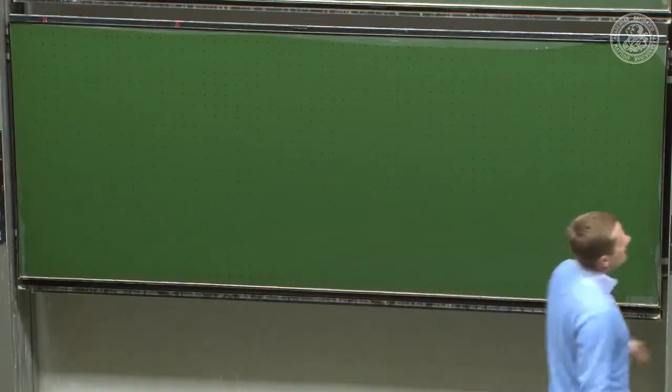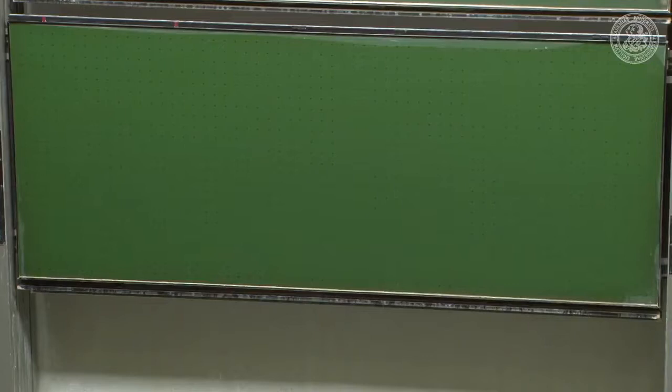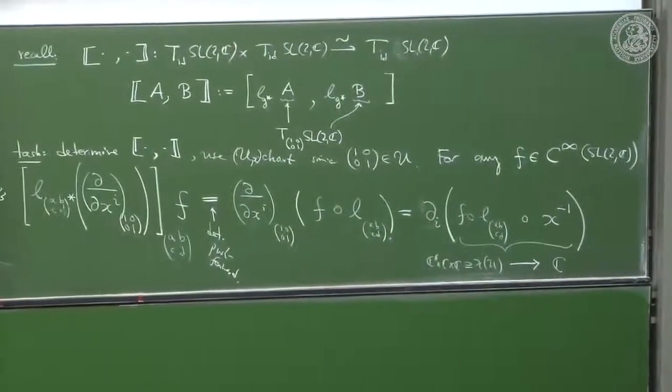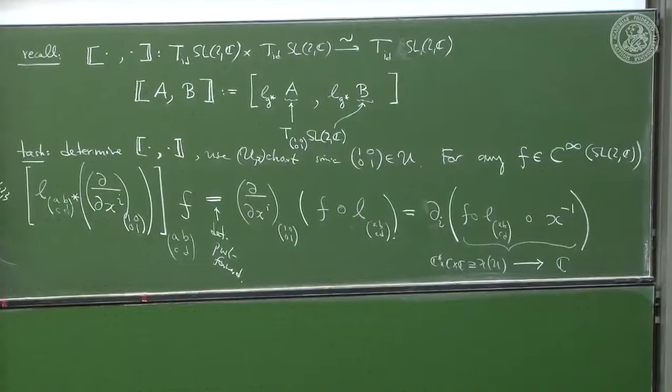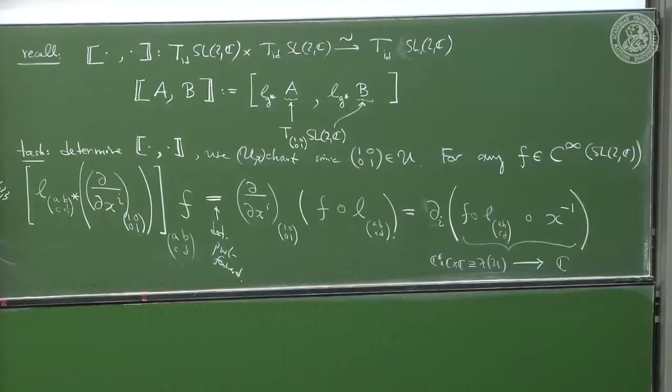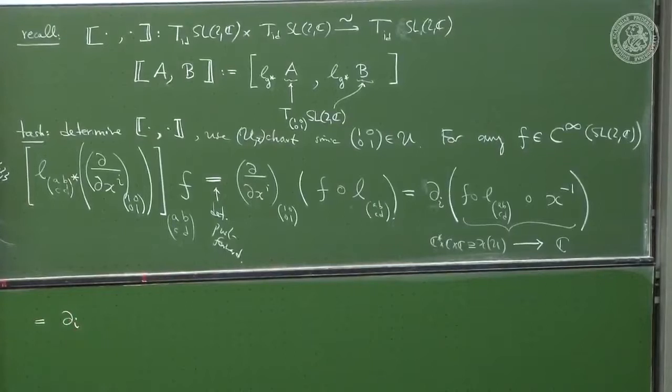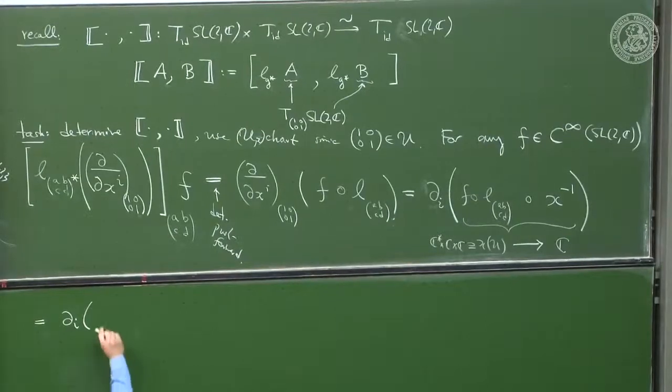Let me continue here. So we have this guy. Now, this makes sense, but now I want to go one step further, and I insert yet another pair of chart map and inverse chart map.